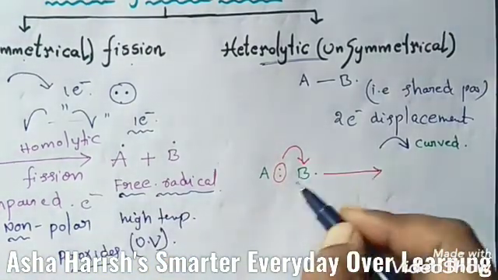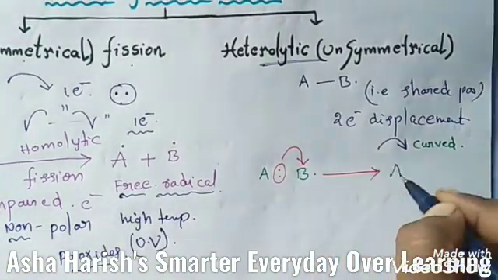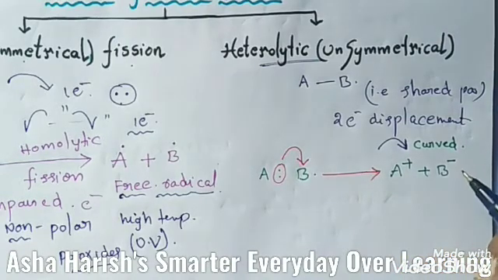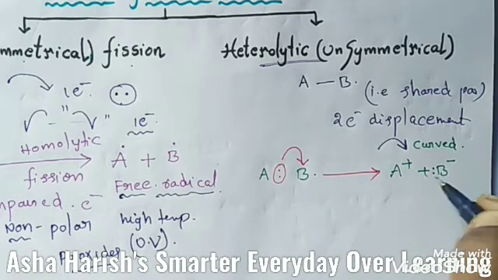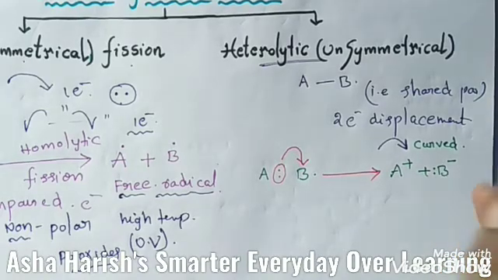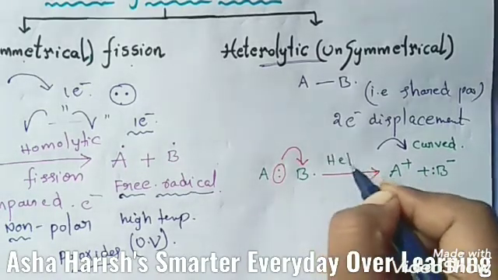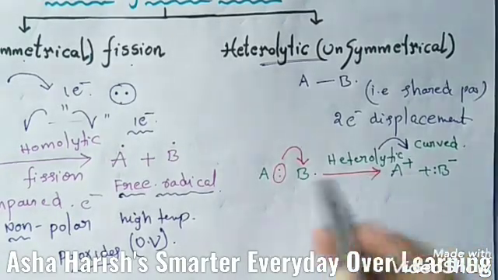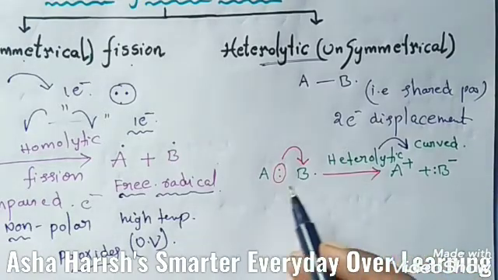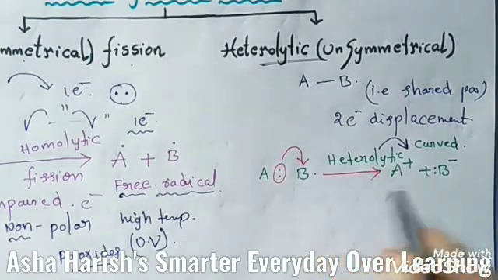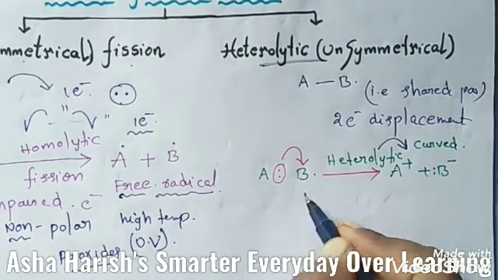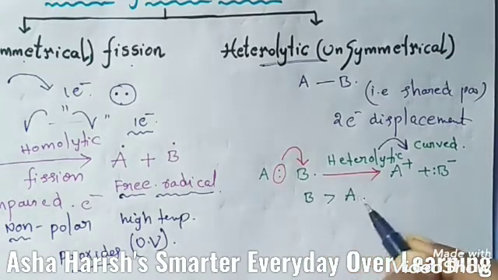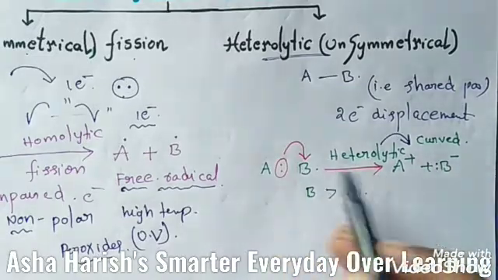Now students, when these two electrons are displaced, A plus and B minus ions are formed. This is heterolytic fission. In this equation, B is more electronegative than A, and only in that case does this possibility take place.